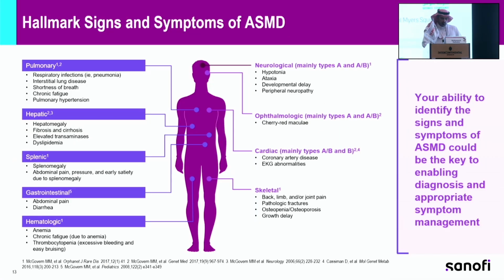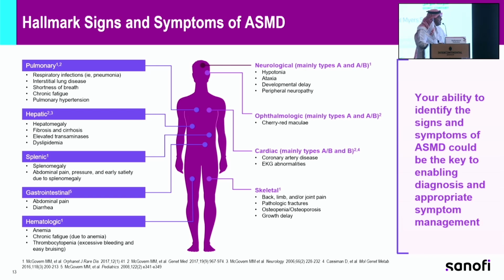So what are the symptoms of ASMD? As I mentioned before, they can present with shortness of breath and features of interstitial lung disease, splenomegaly, hepatomegaly, increased liver enzymes, and one characteristic is hyperlipidemia. They can also present with GI symptoms, and hematologically with thrombocytopenia and anemia.